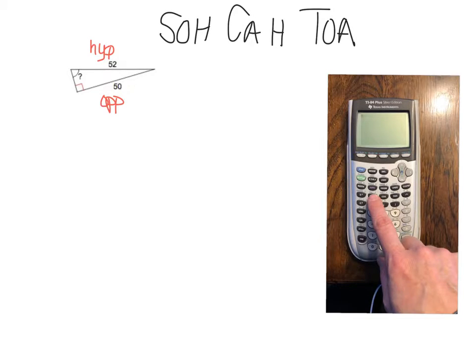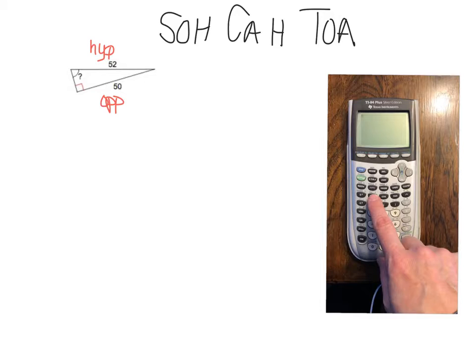So here's what I'm going to do. I am going to set up my trig ratio much like I did in the videos yesterday. So here's what I know. I know that using the opposite and the hypotenuse means I'm going to be using my sine, my SO part of my SOHCAHTOA.